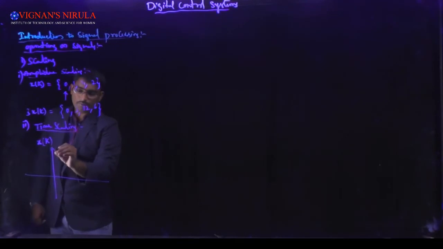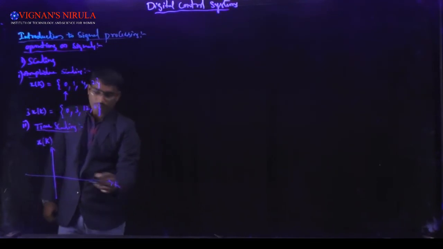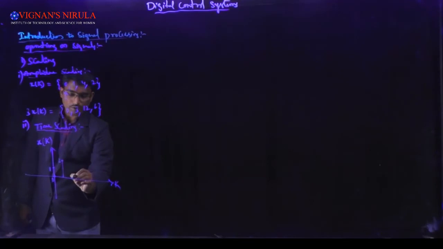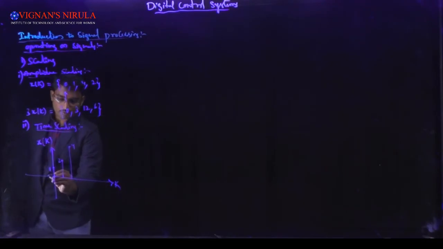X of k with respect to k, for k equals 0 it is some 1, for k equals 2 it is some 2, for k equals 3 it is some 4, for k equals minus 1 it is minus 1, for k equals minus 2 it is some 2.